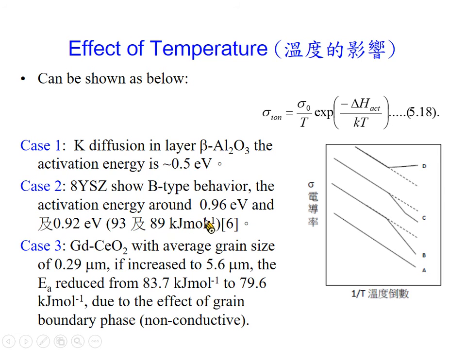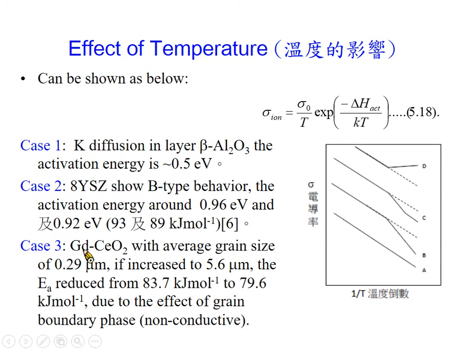This is different units, so the values show a little bit different. In this case, we learned that the conductivity at a lower temperature region is controlled by a different mechanism than at a higher temperature. So we have to realize that the turn point on the diagram will determine which type of defect controls the ionic diffusion.